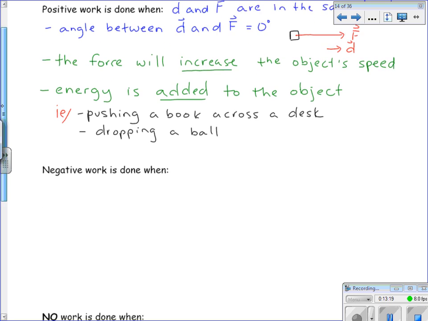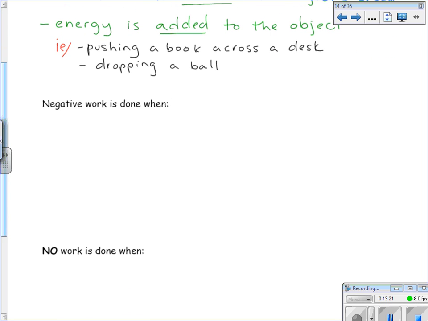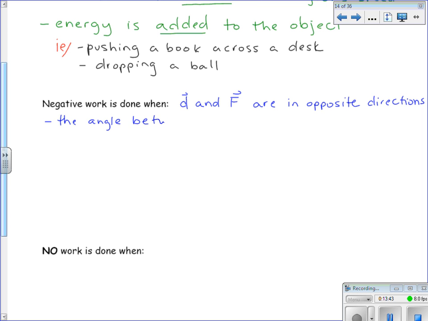Negative work is pretty much the exact opposite of everything I just wrote there. It means your displacement and force are in opposite directions. So the angle between displacement and force is 180 degrees.